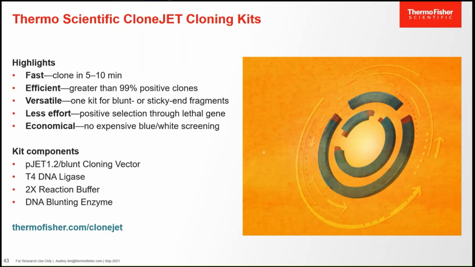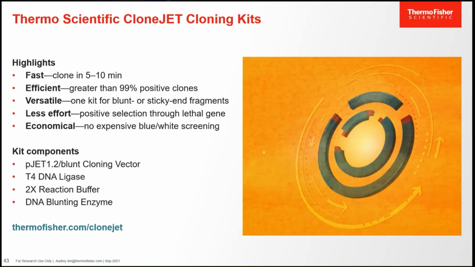The CloneJET kit is an all-in-one kit which comes with a pJET1.2 blunt cloning vector, T4 DNA ligase, the reaction buffer, as well as the DNA blunting enzyme. So CloneJET is a versatile kit.